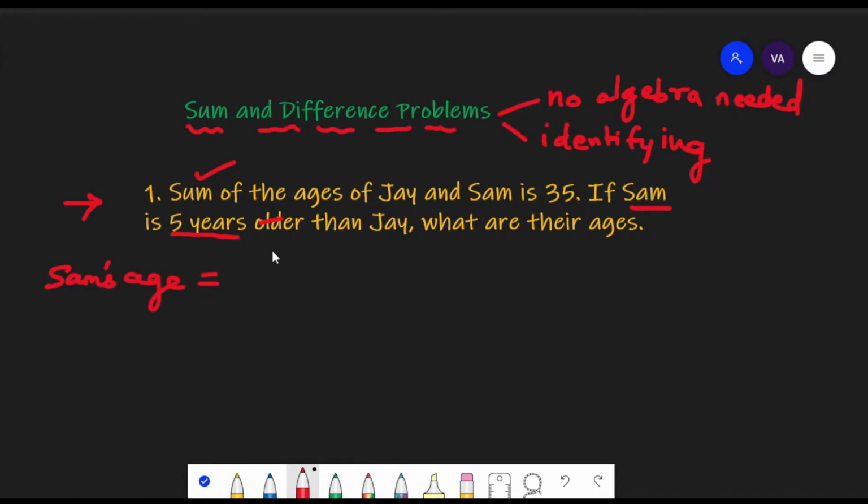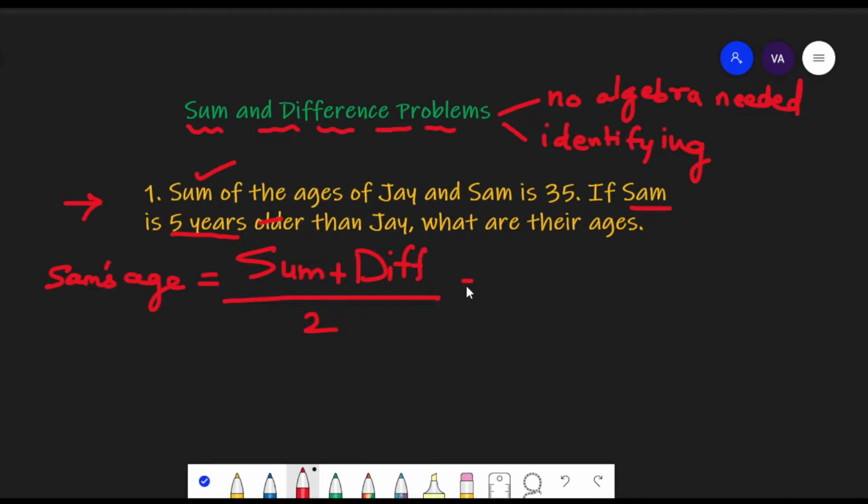Now here Sam's age. Okay. So you have to write here sum plus difference. These are sum and difference problems involving two numbers. One is a bigger number and one is a smaller number. So here Sam's age is definitely higher, so it is the bigger number. When we have to find the bigger number, you just add the sum and the difference and divide it by 2.